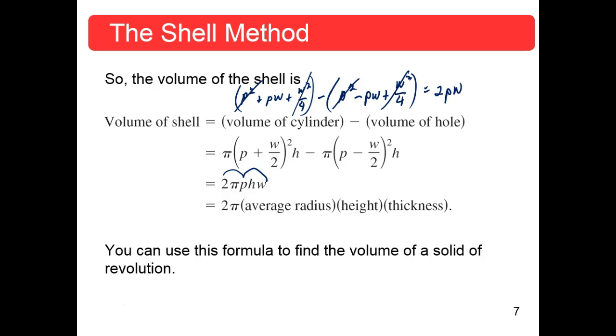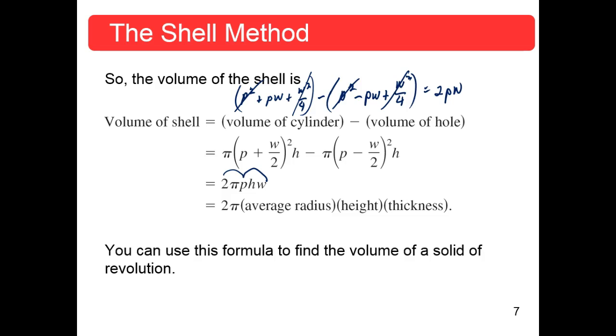Now, the 2 pi's come out, and that leaves you the P, which is the average radius, remember, of that little square that you're revolving around the x-axis.